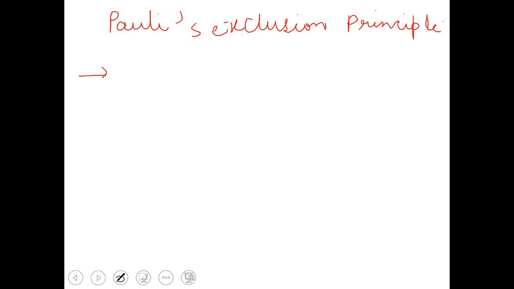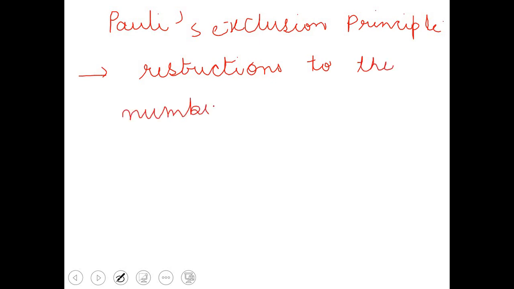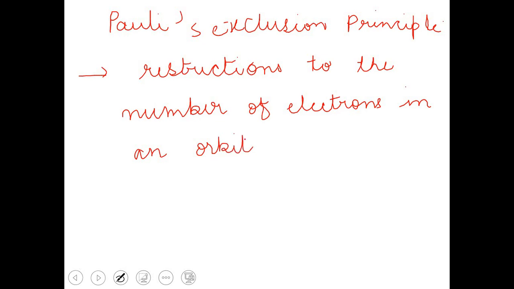It imposes some restrictions on the number of electrons in an orbital. So this is Pauli's exclusion principle. It puts some restrictions on the number of electrons in an orbital.